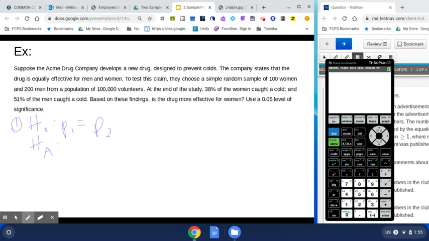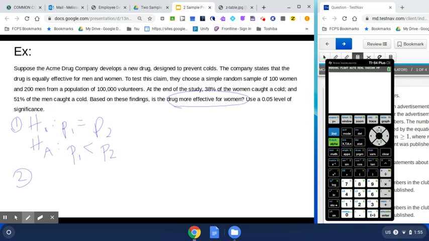We see that we want to test, is the drug more effective for women? So if the drug is being effective in preventing a cold, then we would want the proportion of women, or P1, to be less than the proportion of men, or less than P2. Again, more effective is meaning a less percentage of women getting sick.